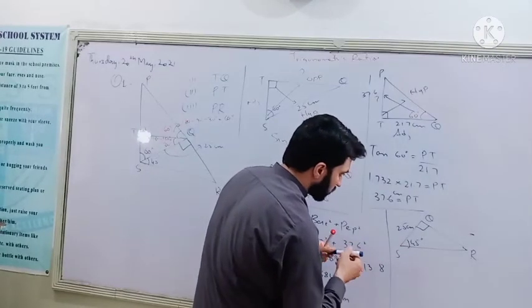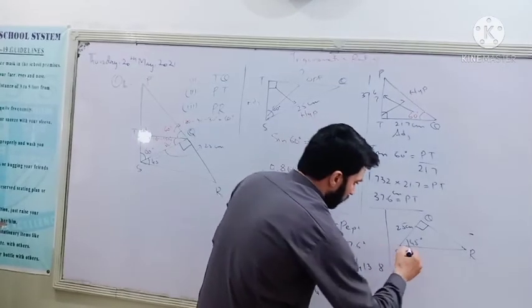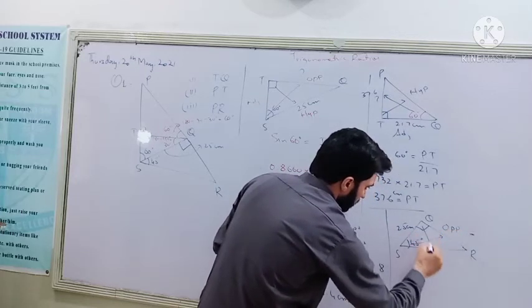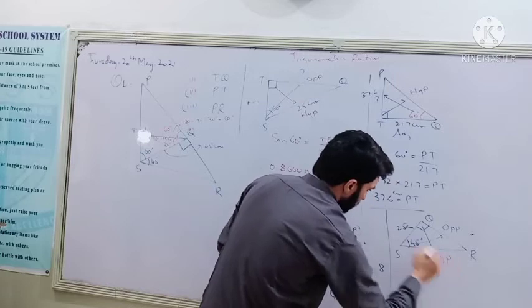So in this diagram we have to find QR, that is opposite, because in front of the acute angle this is opposite, and this is hypotenuse, this is adjacent.